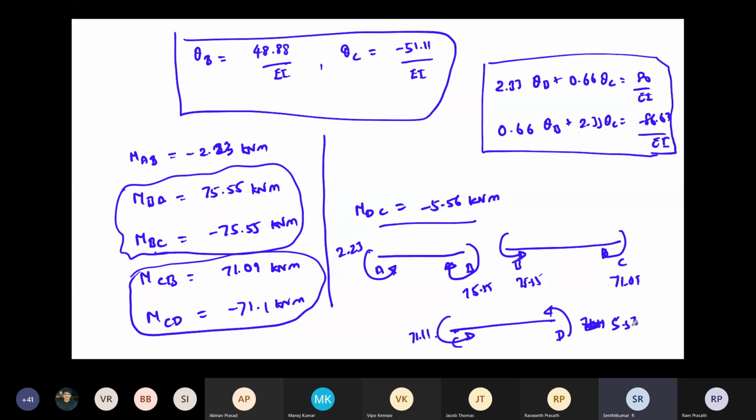Okay, these are the end moments for the beams, and already you have the loading diagram also. For that, we have to draw the bending moment diagrams now. So first one, you have the UDL of 20 kilonewton per meter, the span is 4 meter.